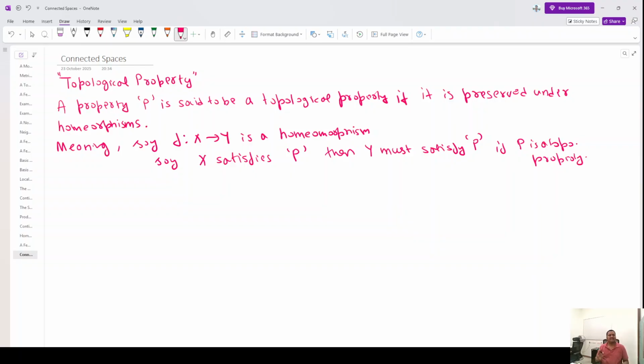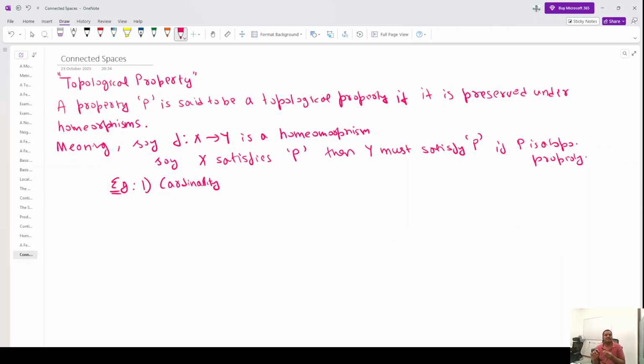So one immediate example you have is cardinality. It is preserved under bijection. Every homeomorphism is also a bijection, right? So the very first example is cardinality of the set X in this case.